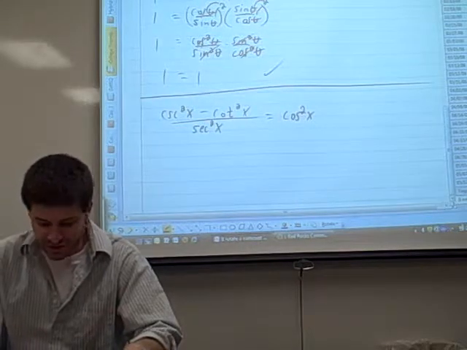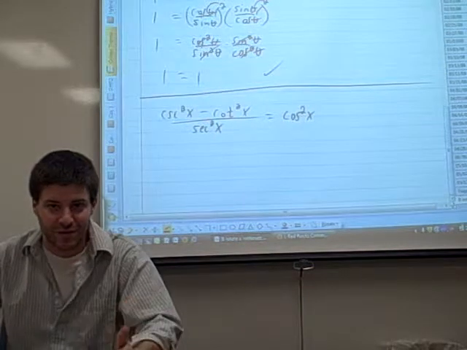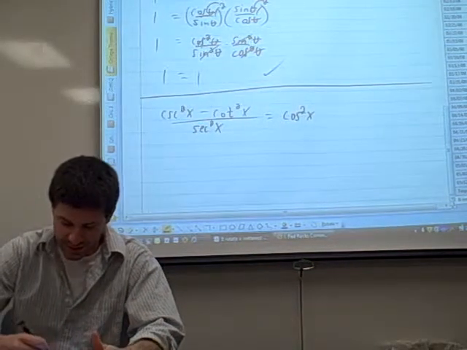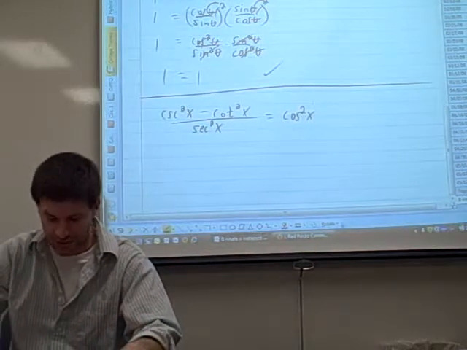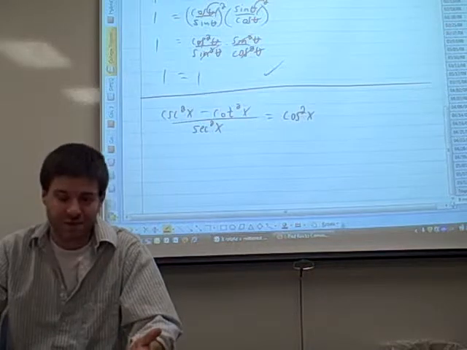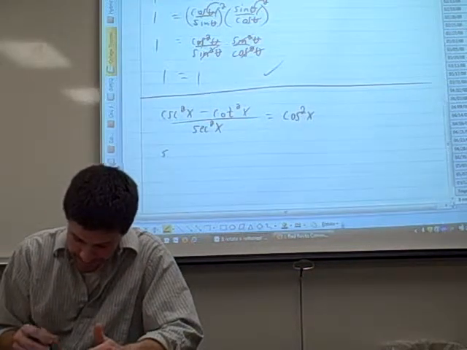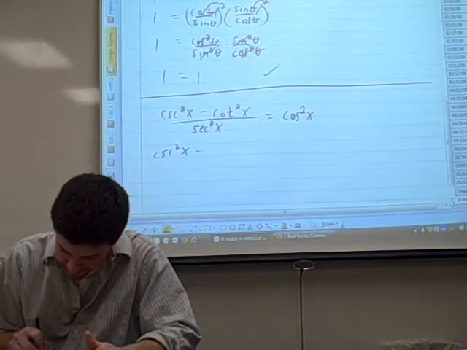Okay, again, a couple of really quick and easy ways to do this problem. What you'll notice is there are a lot of squared trig functions, so you're thinking Pythagorean identities right off the bat. Everything is x. There aren't any 2x's or anything like that in the problem, so we should be pretty set to go. One thing that I might think of doing is getting rid of the denominator. To do that, we multiply both sides by secant squared.